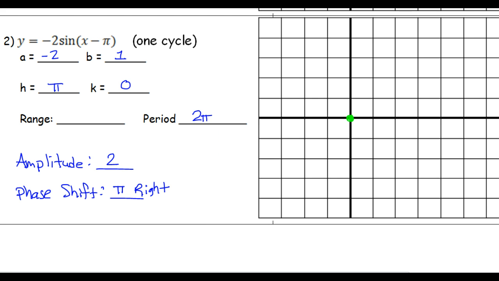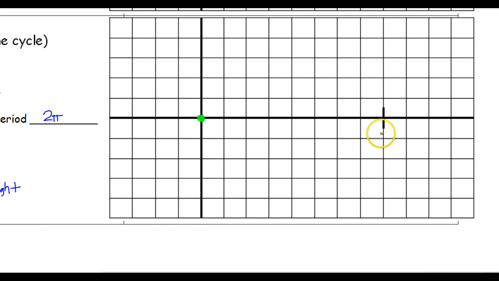The period is 2 pi, so we can just come on over here and put 2 pi. That means in the middle we're going to have just pi. Halfway right here we will have pi over 2. And in the middle of these two we have 3 pi over 2.